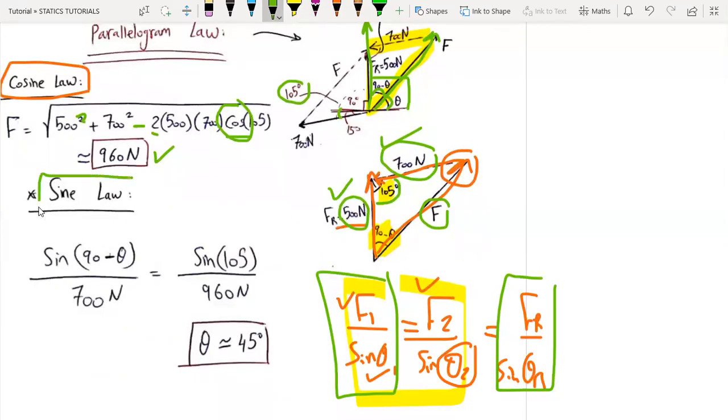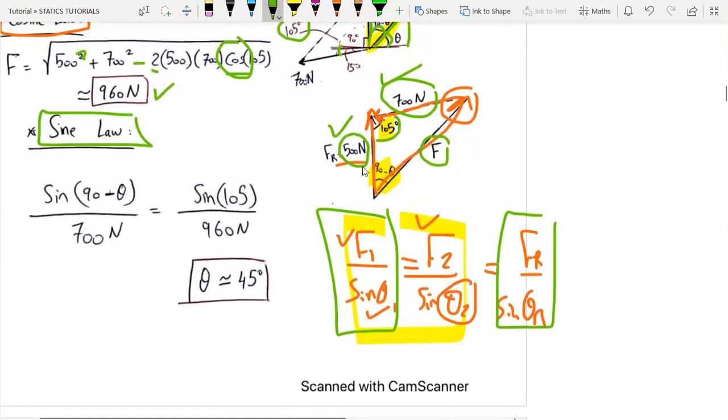Now using sine law, we are going to say sine of 90 minus theta over 700 newtons equals sine 105 degrees over F, which is 960 newtons. Or we can say, of course, 700 over sine 90 minus theta equals 960 over sine 105.